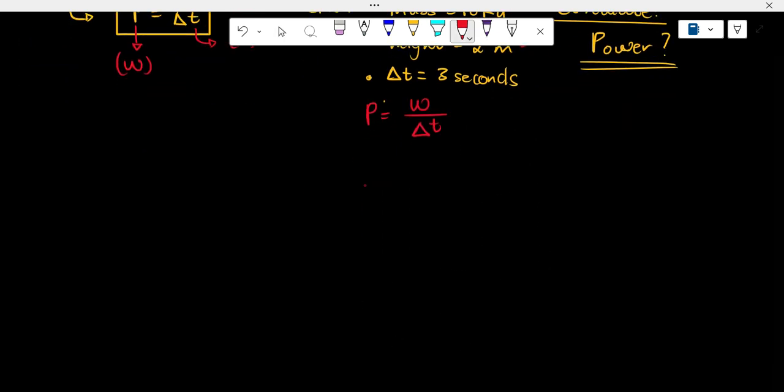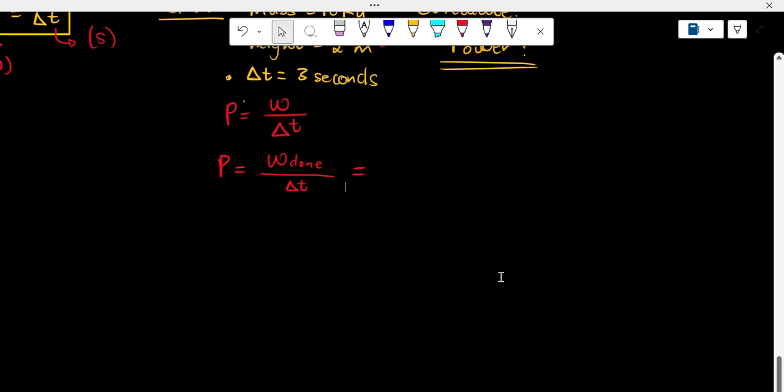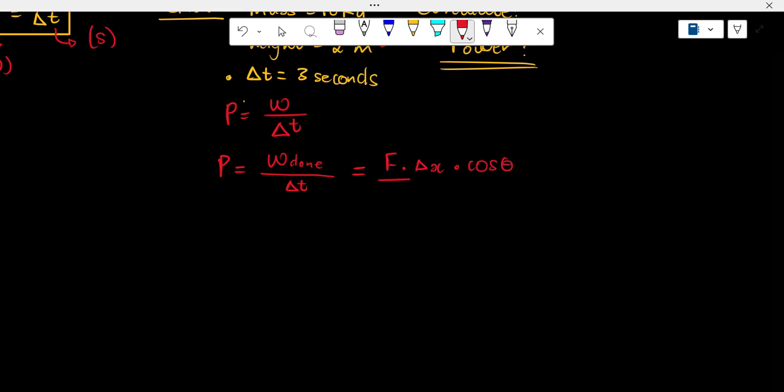So in this particular case, I'll have the power equals the work done divided by the change in time. And we know that the work done is defined as the force times the displacement times the cosine of theta. And you divide all of that by the time.